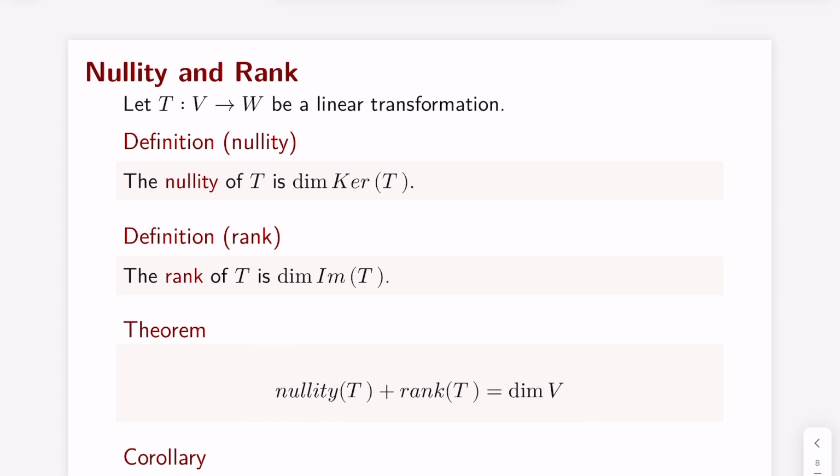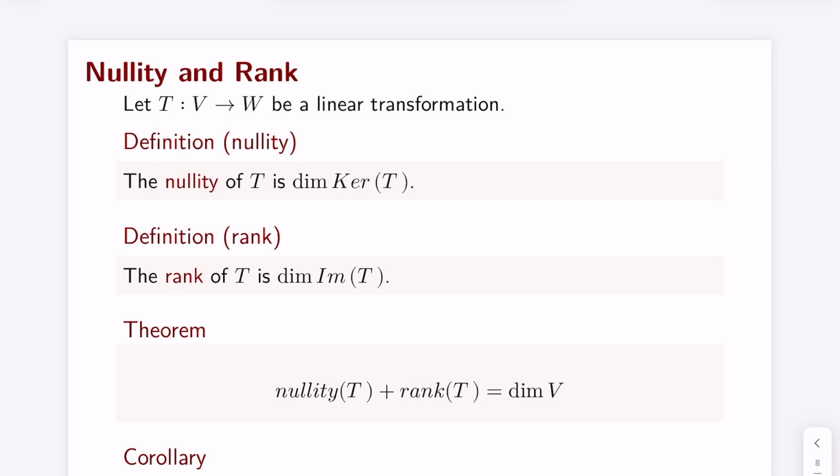This equation is very important because the rank is a number that is very easy to calculate. So remember that the rank is calculated in different ways. One way that you saw is just reducing the matrix and counting the number of pivots. So that is the rank of a matrix.